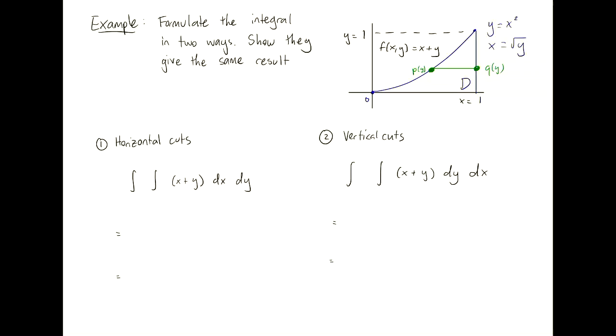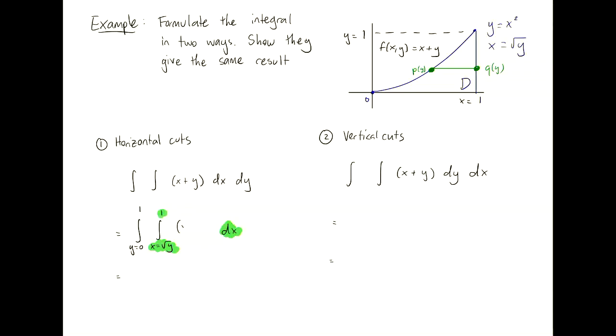And then what we find is our inside integral has to go from, well, at this point we have x is equal to the square root of y, and it continues all the way across to 1 dx, and our outside integral now can just sweep over the entire rectangle. So we get y going from 0 to 1. So this corresponds to the green curve.